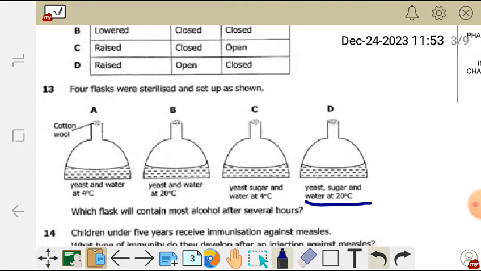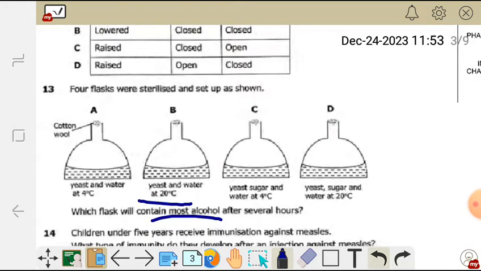Why? Because for this reaction to take place, we need an optimum temperature. We also need sugar, water, and yeast for fermentation to take place. So at 20 degrees, here we will have most alcohol as compared to these other flasks.